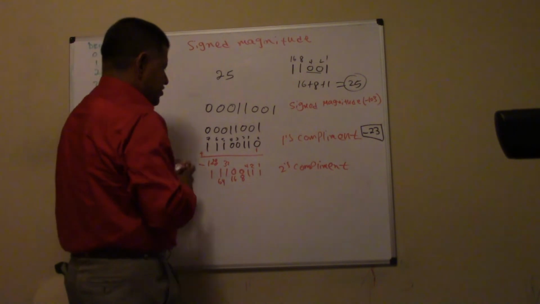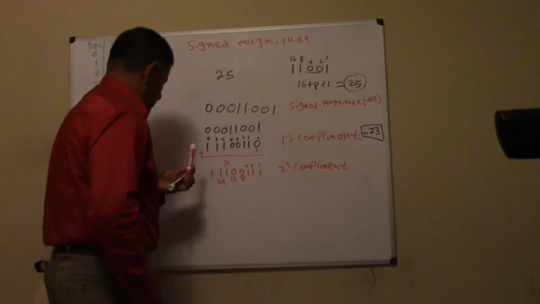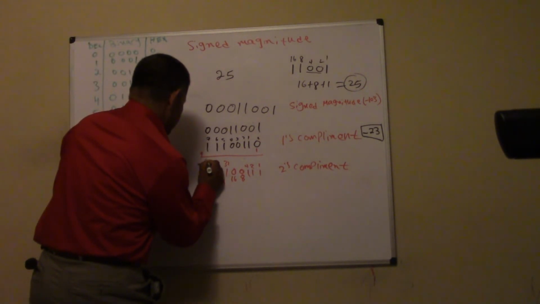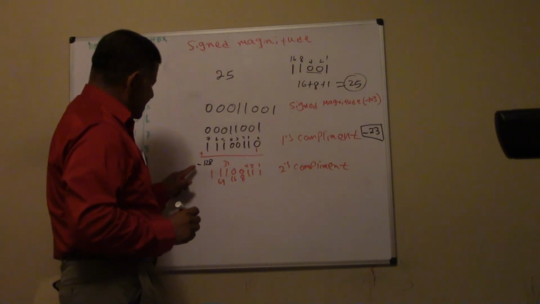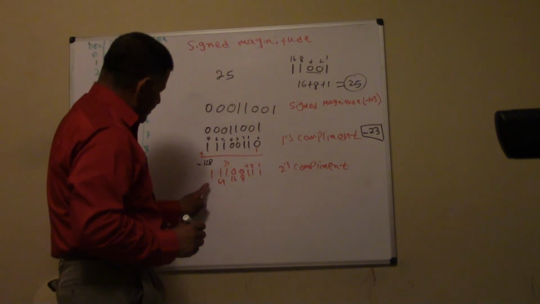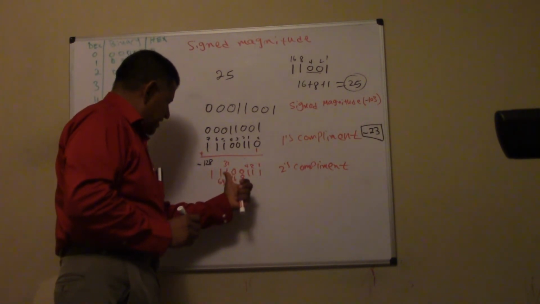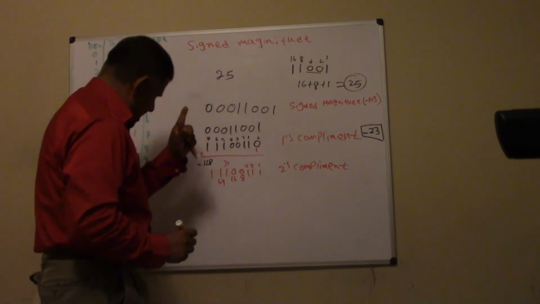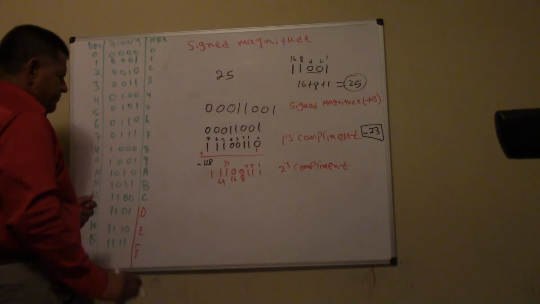Right, so basically, let me write this in black. Negative 128. So now this negative 128 represents this bit, the last bit to the left. Right? So now let's see if we get negative 25.